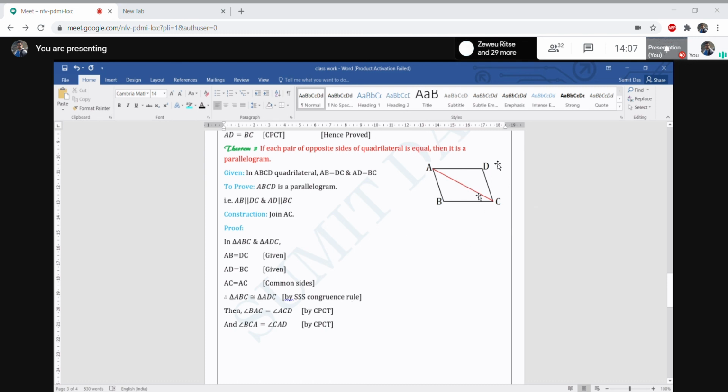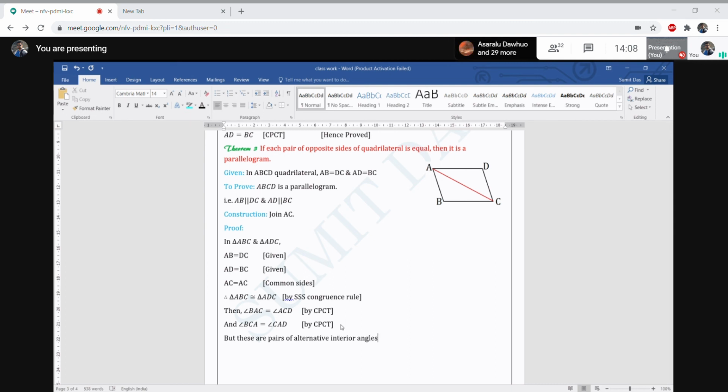So look, what kind of angles are they? They are alternate interior angles, right? They are pairs of alternate interior angles.